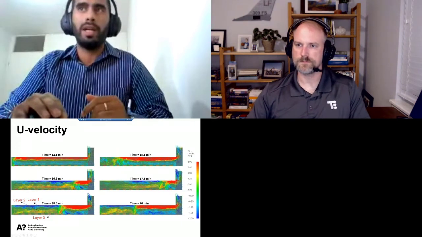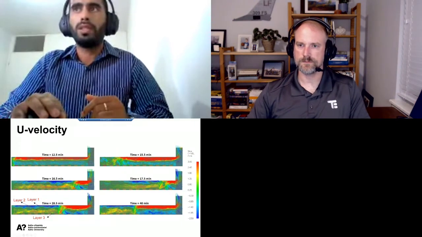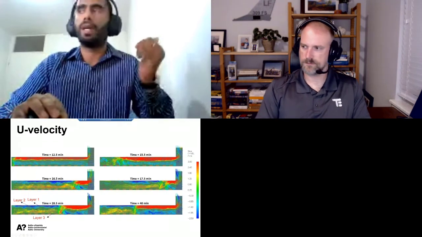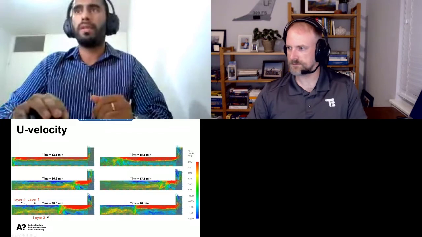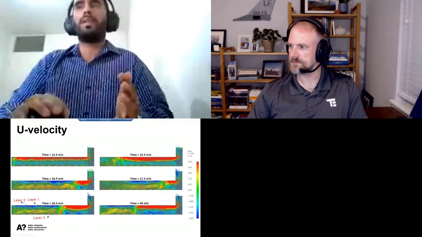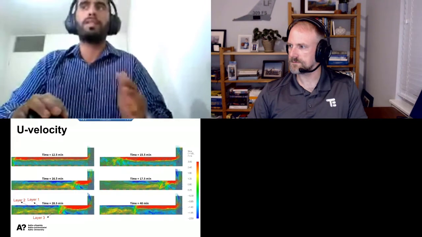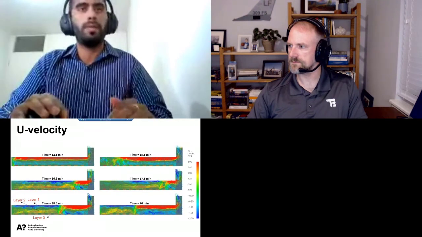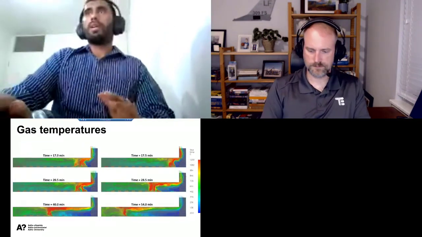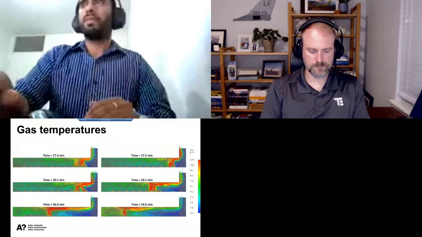Near the cribs and in between the cribs, there is a small negative velocity, and the flow is again into the compartment. So there is a three-layered flow that was not seen before. That's new information that we get from CFD simulations. And these are the gas temperatures that we see.